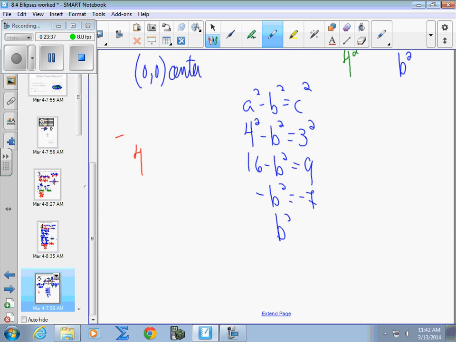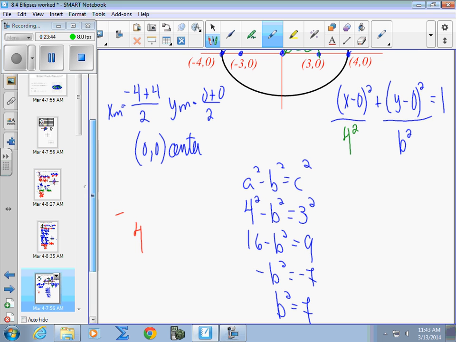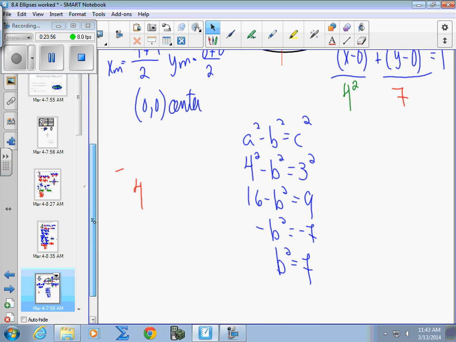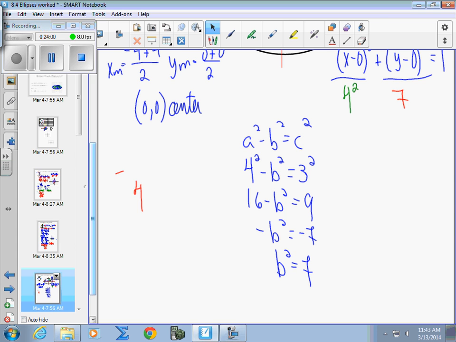So b squared is equal to 7. We don't really need b. We needed b squared. So I would go up here and just plug in 7. Not 7 squared. If you want to do that, you're going to have to put the square root of 7. So b is equal to the square root of 7.